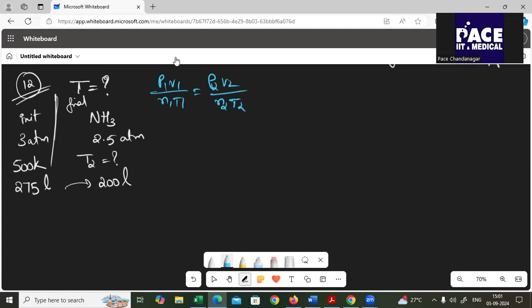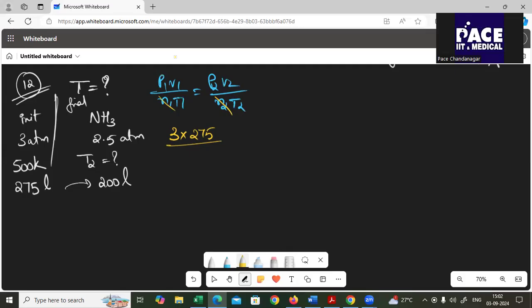Here, temperature is being asked, and I'll just have to substitute the values. P1 is 3 atm times V1 is 275 liters by N1. N1 is your number of moles, and it is the same gas we are talking about, so I don't need to consider N here. Number of moles gets cancelled.